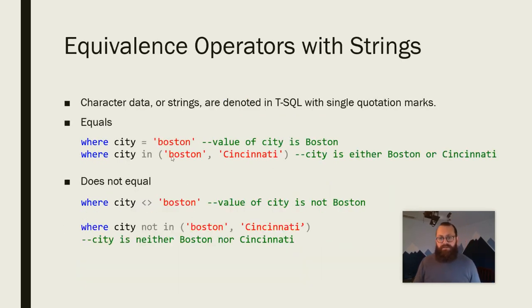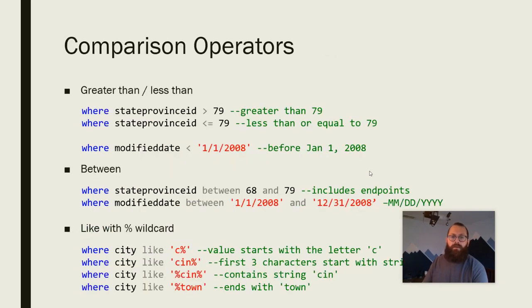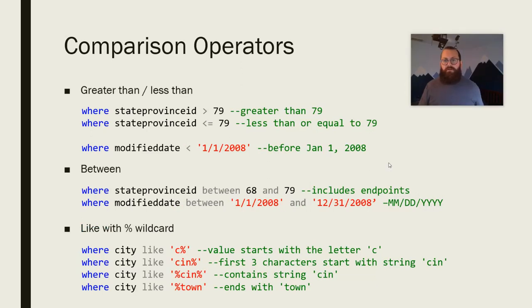That's not true in all programming languages. For example, R is case sensitive in general, both within the language itself and also for character string values within data. In this particular video, we're going to go a little bit deeper on the kinds of conditions you can introduce through the where clause. For example, comparison operators.